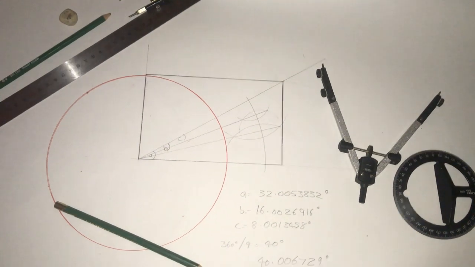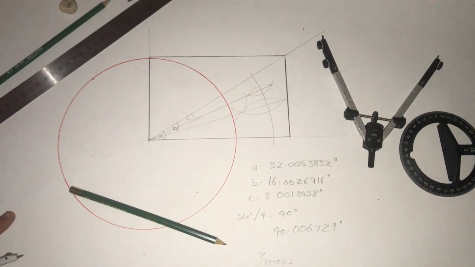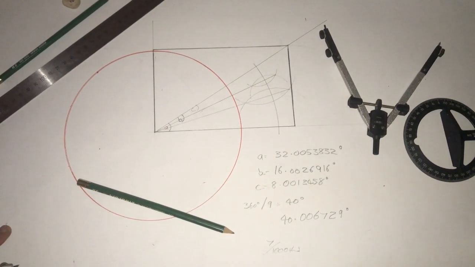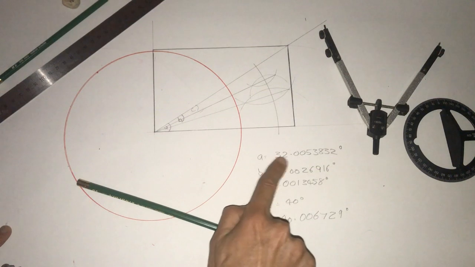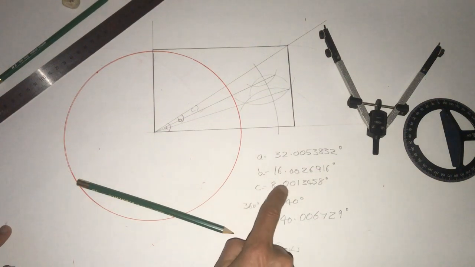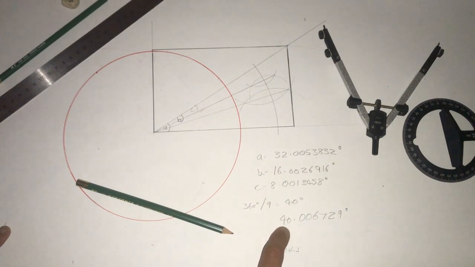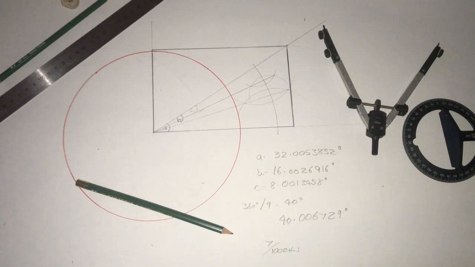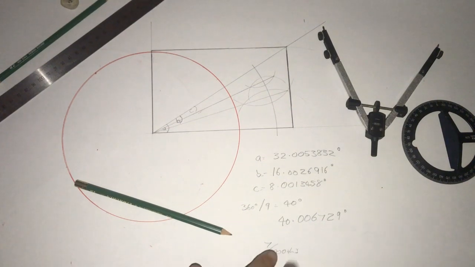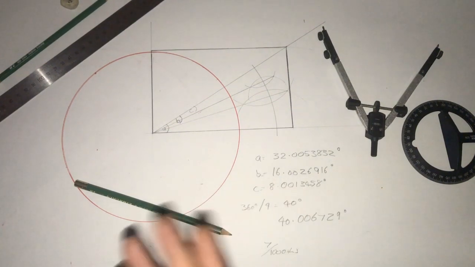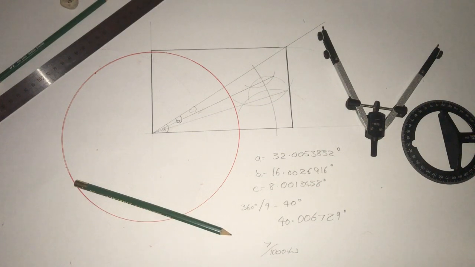So, if I add 32.055 plus 8.001 degrees, I want to get 40 degrees to be a perfect nonagon. Using this construction, I'll get 40.0067, which is 7/1000ths of a degree off. Again, essentially impossible for a mere mortal to achieve this level of perfection, no matter how fine your point is, no matter how much time you take to get this accuracy.